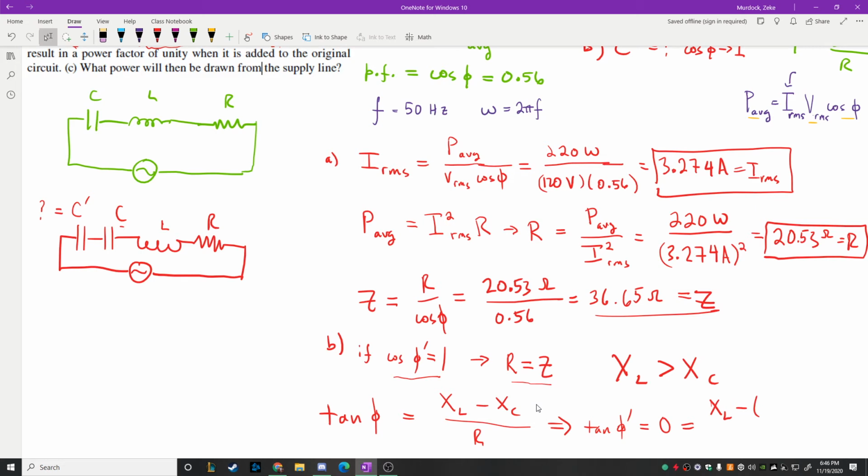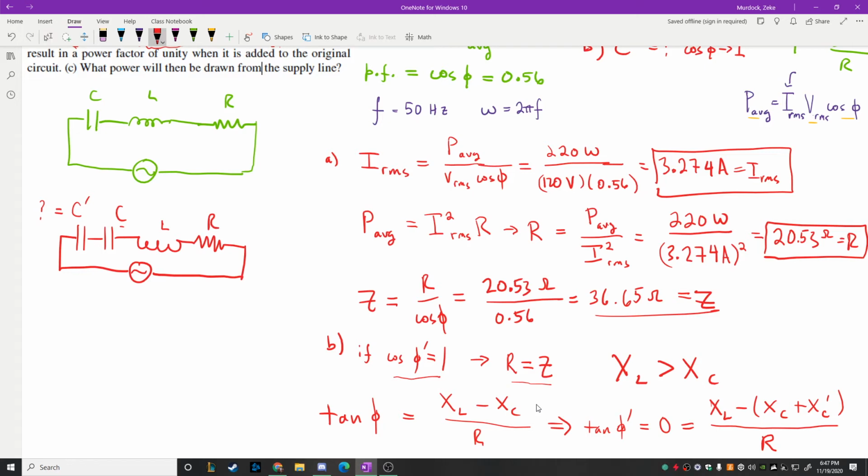Now in here, we're going to do exactly what you said, Ash, except I'm just going to point something out here. If I add a capacitor in series, then the capacitive reactance is going to add just like this.